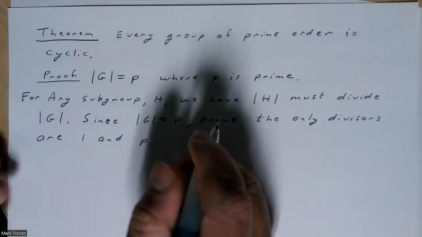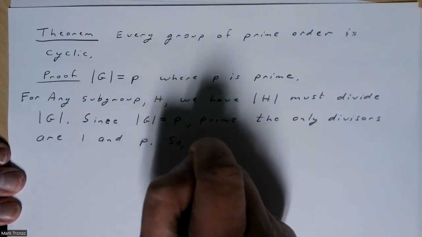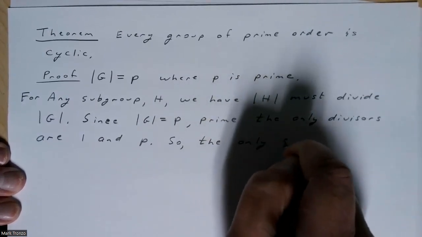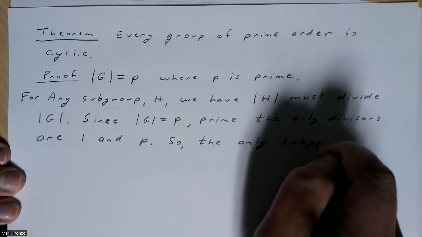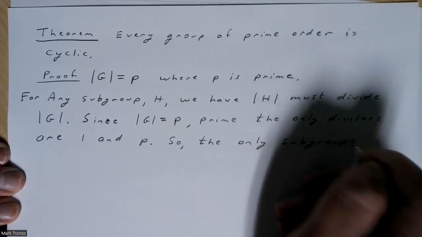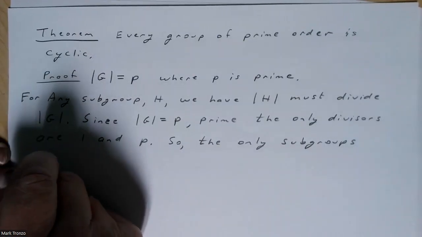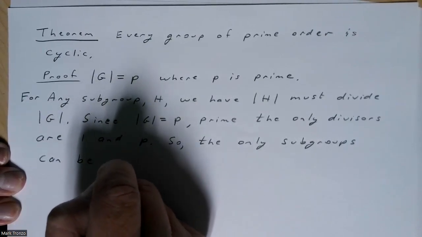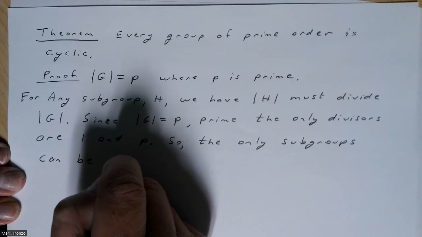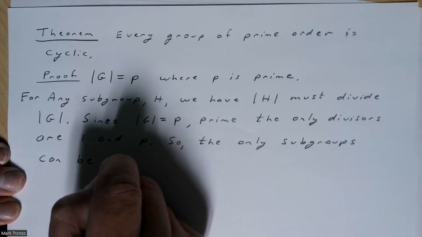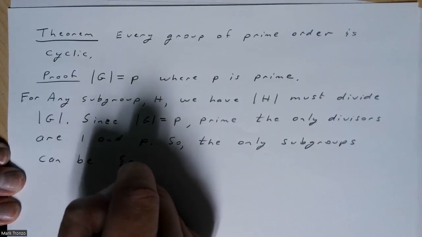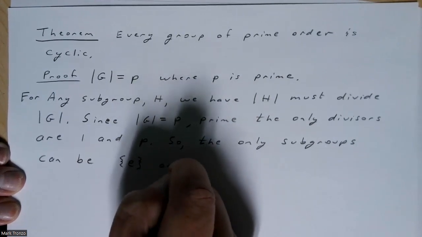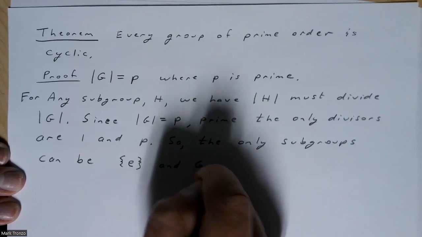So the only subgroups can be the group with just the identity and G itself.